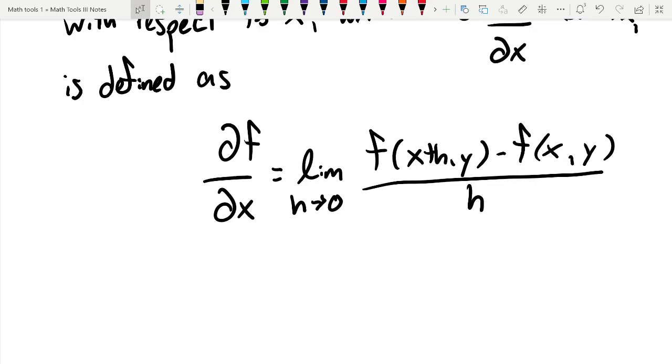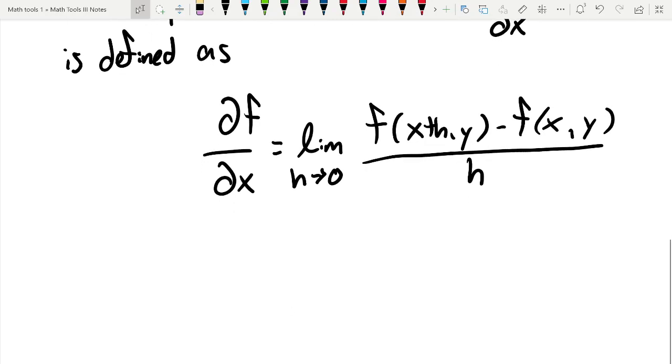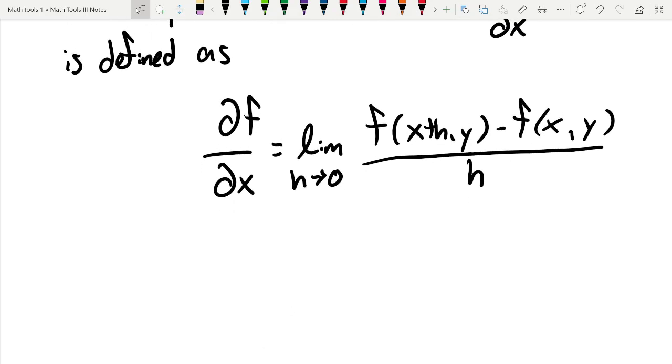And as we remember with derivatives, evaluating them directly from the limit can be kind of tedious. So we have all these different rules to evaluate the derivatives, and those will all pretty much hold the same with this idea of a partial derivative. So we'll still have the power rule, the product rule, quotient rule, all of that.